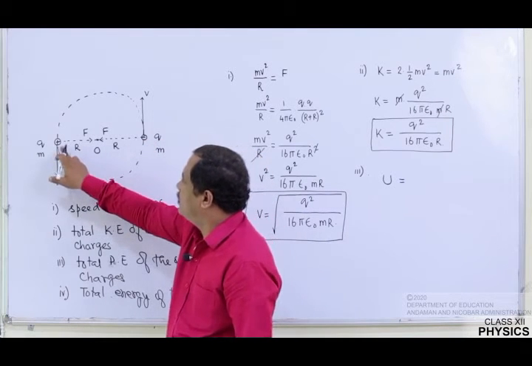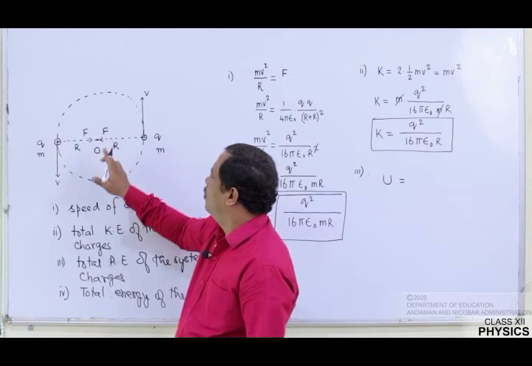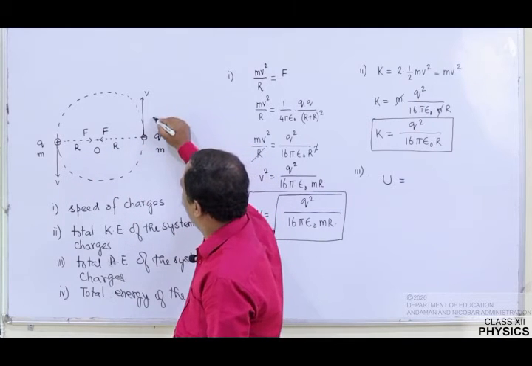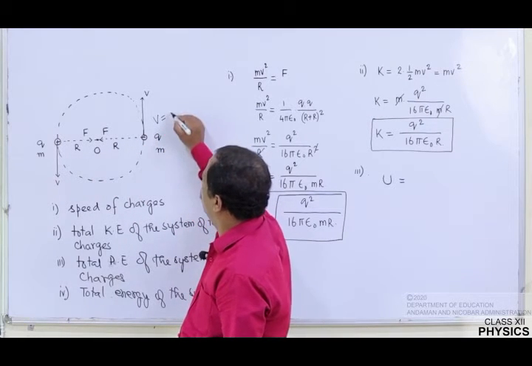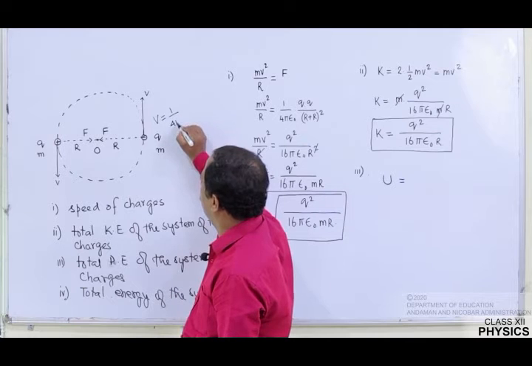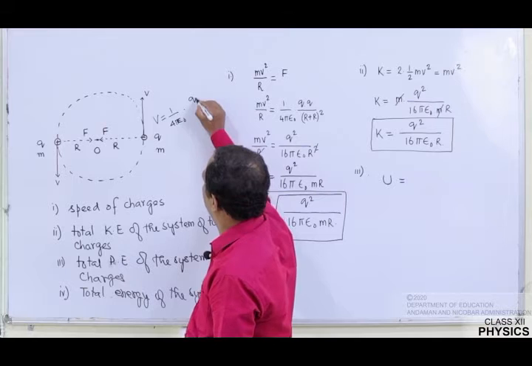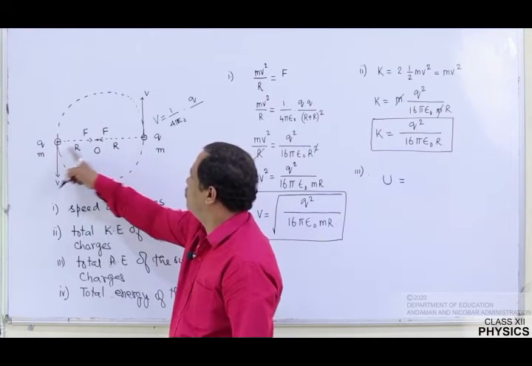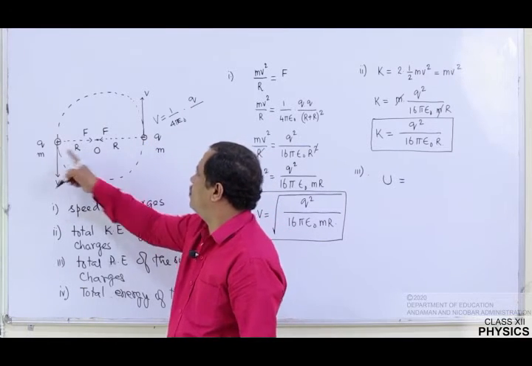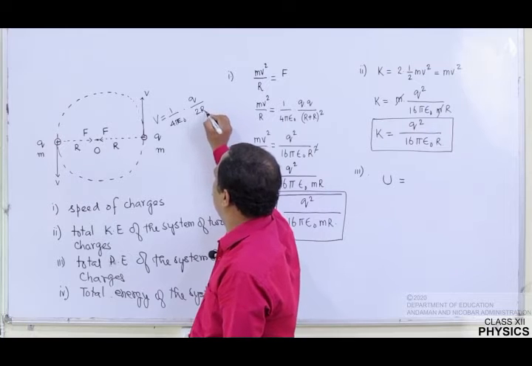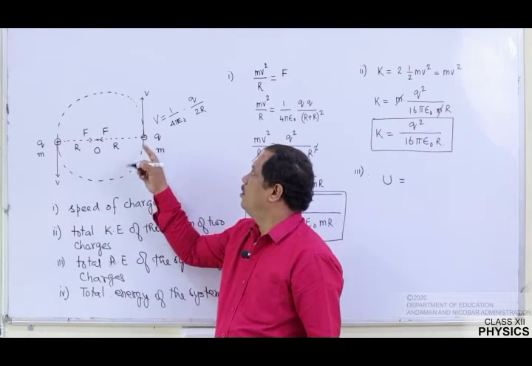So the potential at this point V is equal to 1 by 4 pi epsilon naught into this charge Q divided by the distance of this point from this charge, which is 2r. So this is the potential at this point.